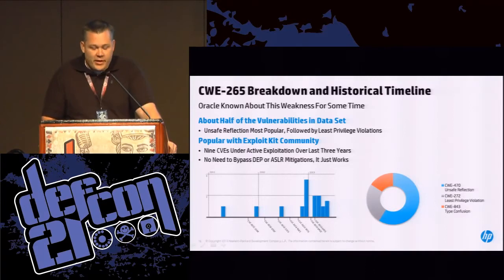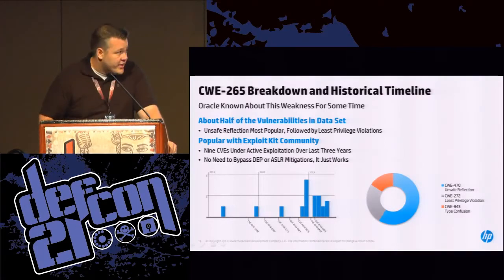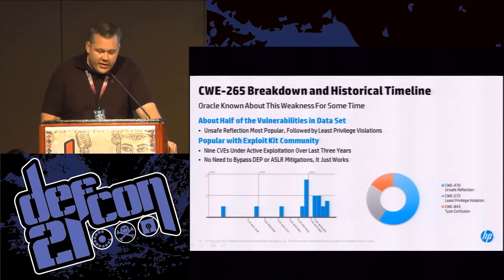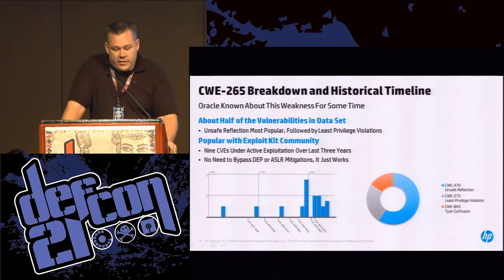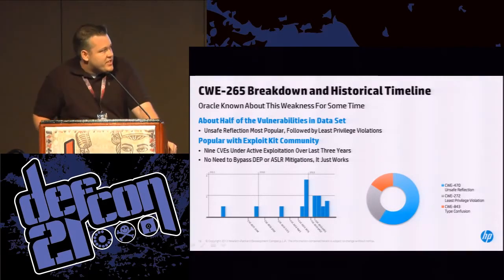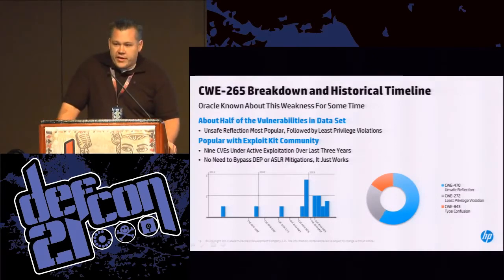Every time you click on it, a calculator pops up. It's quite good. On the actual timeline, what you're seeing in the blue chart are the submissions into the Zero Day Initiative specifically for sandbox bypass issues. We've been receiving these since early 2011 and late 2010, so Oracle's actually known about these issues for some time.